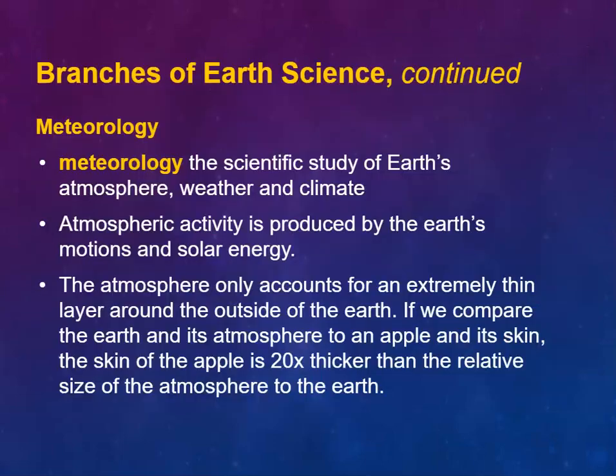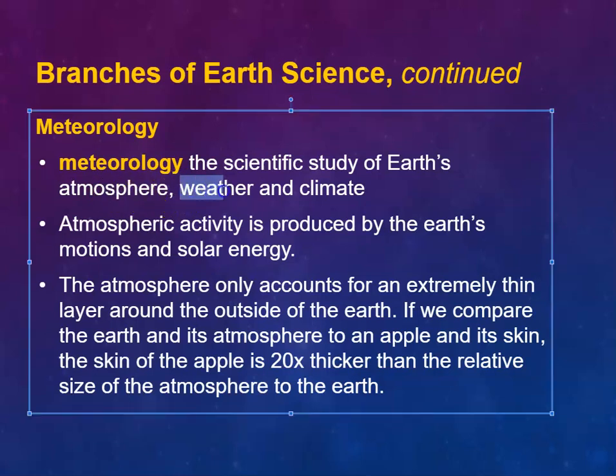Next up, meteorology. Meteorology focuses on 3 primary things: the atmosphere, weather, and climate. And typically these 3 things have a little bit of difference between them. The atmosphere itself denotes pretty much everything that the Earth is able to hold on to with its gravity. That's a gas.